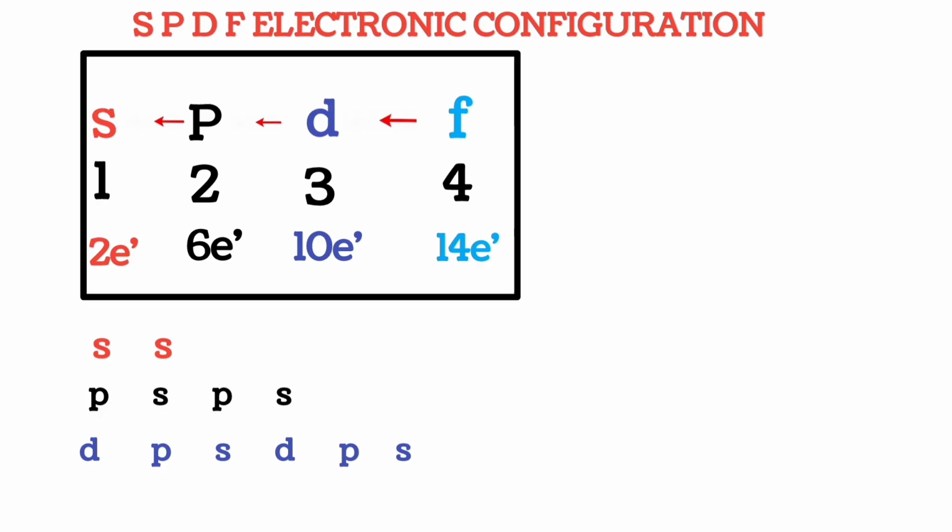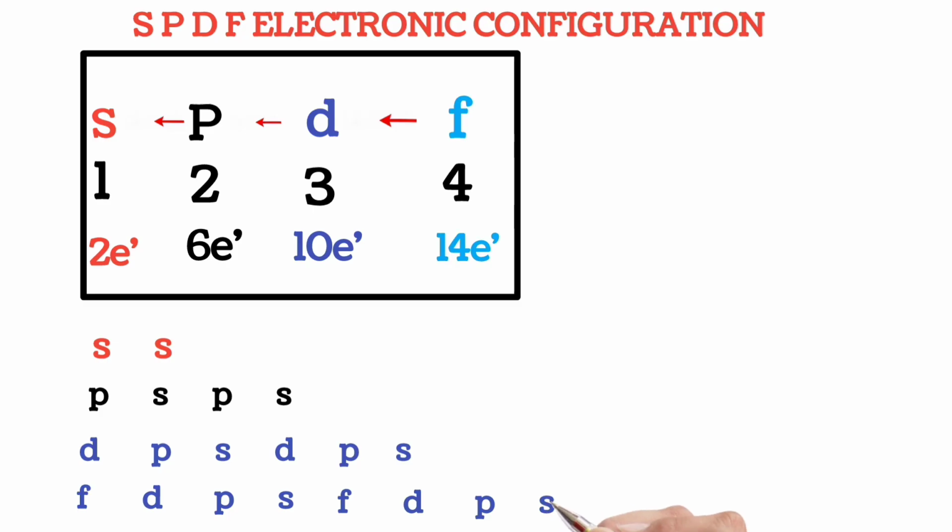We write the series of orbitals and then we repeat them, meaning we write them twice. So let's write the F, the D, we go down to P, and we go down to S, and then we repeat that series again. F, D, P, and lastly S. That's good.